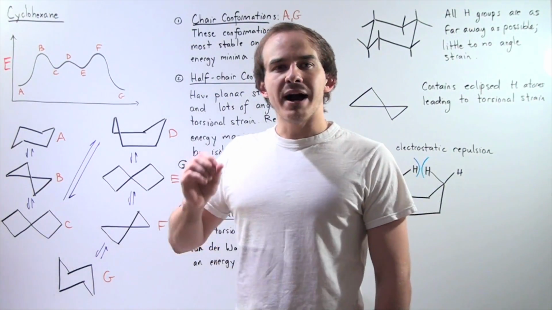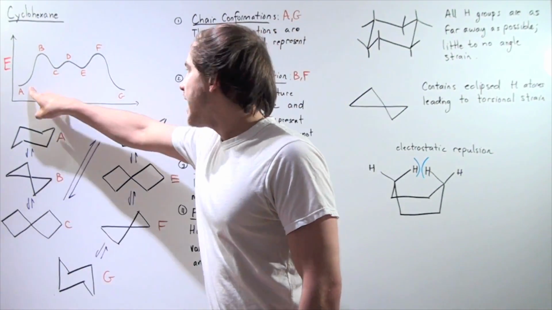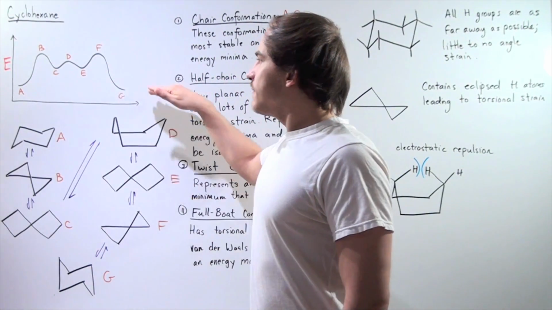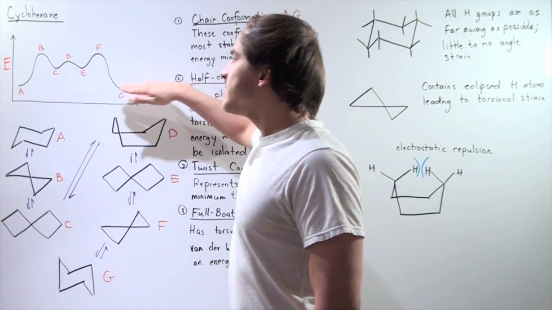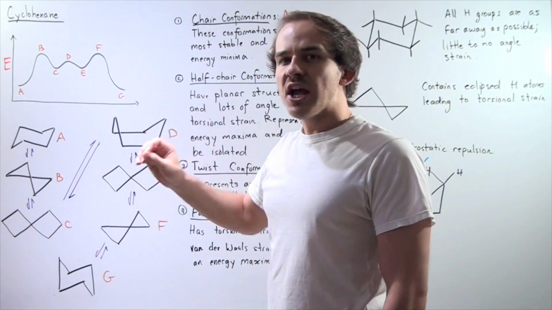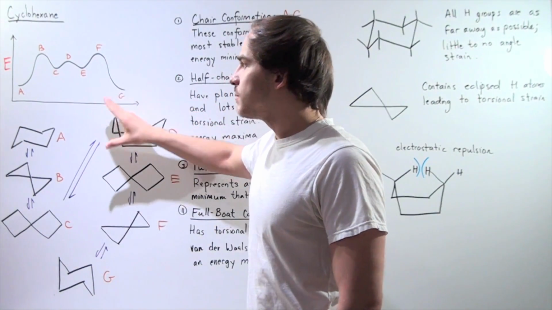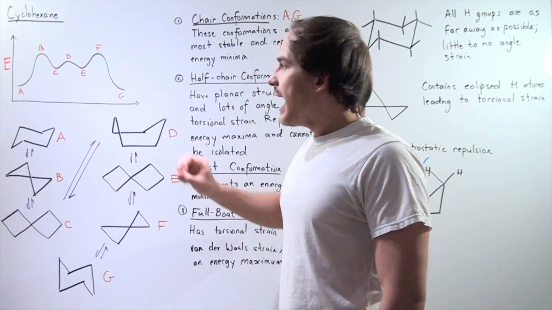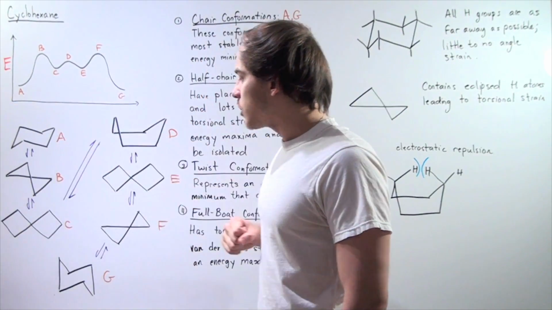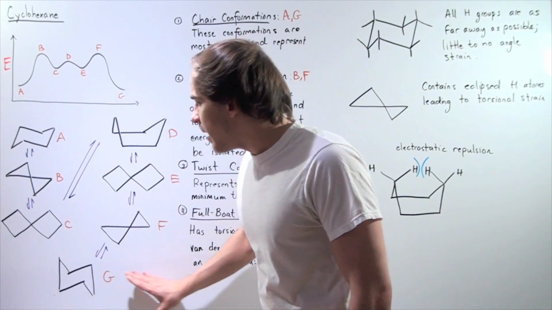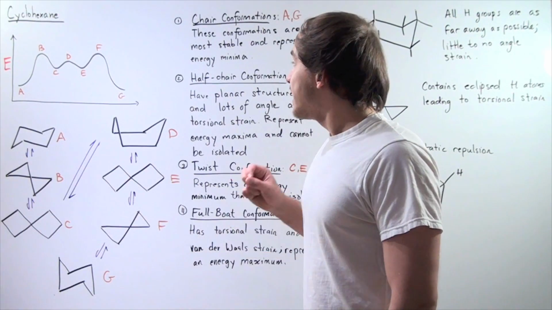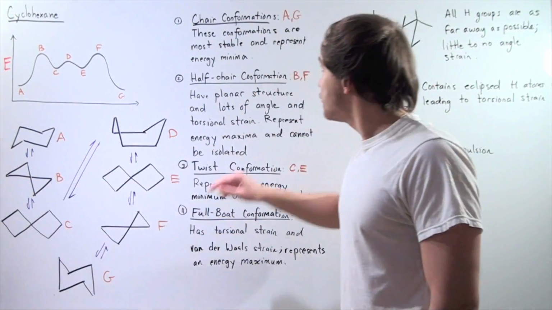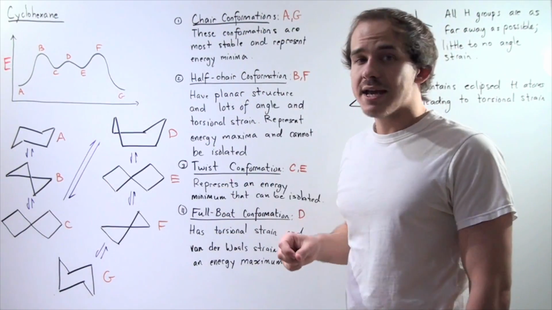Now, let's begin by examining conformation A and conformation G. These two conformations have the same exact energy, and they represent the lowest possible energy conformation. A is given by the following structure, and G is given by this structure here. These structures, A and G, are known as chair conformations.